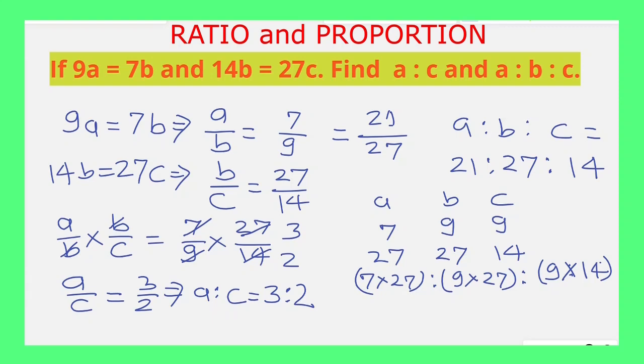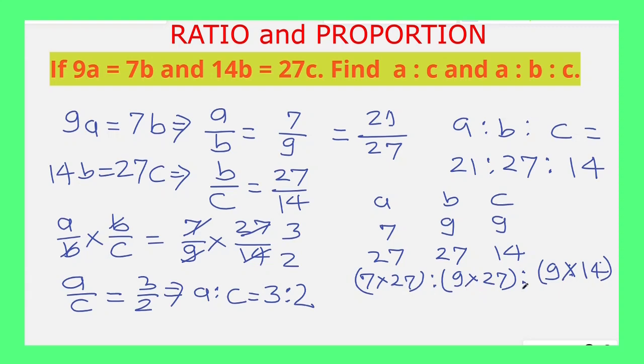After observing, we find that every number can be divided by 9, as 9 is common in every number. In 27 we can take out 9 common. In 9 and 27 again we can get 9 common, and in the last number also we can get 9 common.